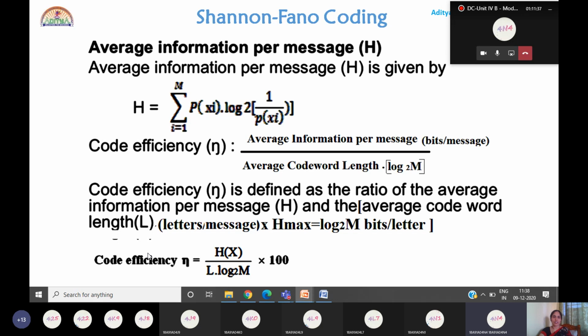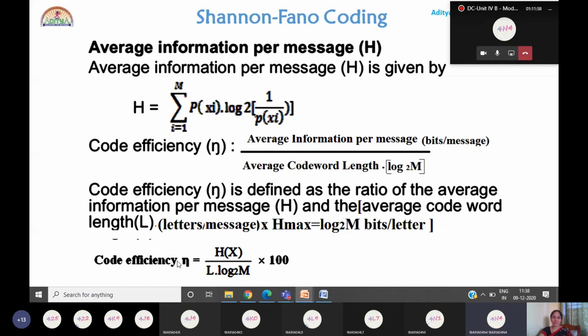Okay, you solve it directly. What is the expression for code efficiency? H of x by L into log m base 2. In this case, what is m? 2. So log 2 base 2 will be 1.